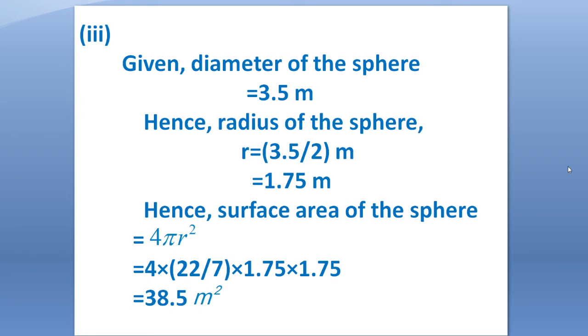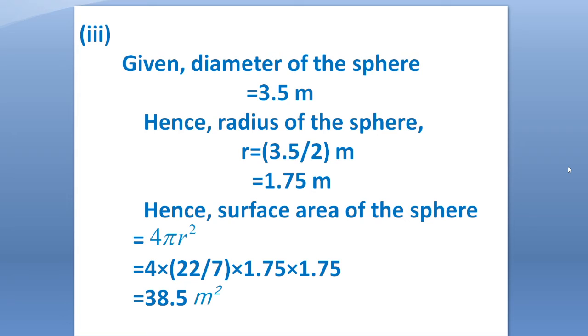Third, given diameter of the sphere is equal to 3.5 meter. Hence, radius of the sphere is equal to 3.5 divided by 2 meter is equal to 1.75 meter is the radius.